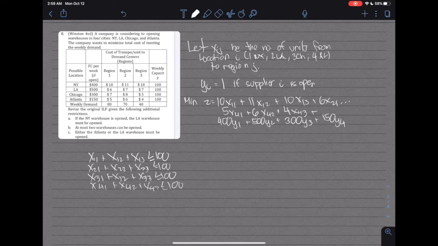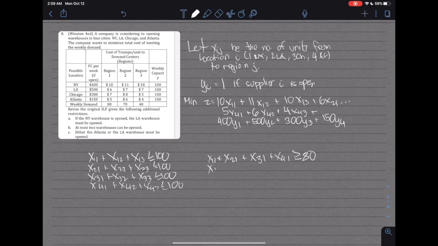Now, for your demand, it has to be greater than or equal to the demand of the region. So for region 1, that's x11 plus x21 plus x31 plus x41 should be greater than or equal to the demand of 80.